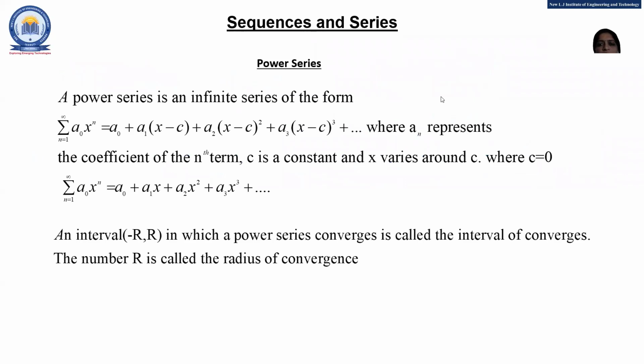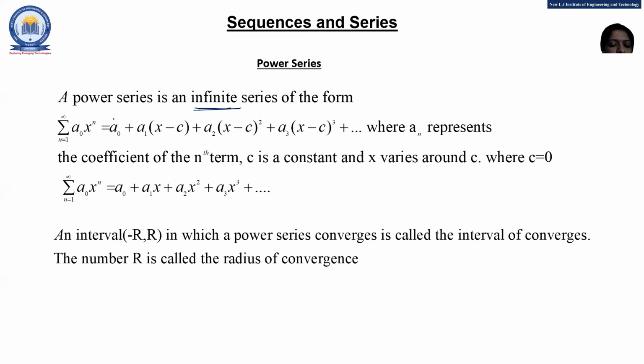Okay, let's move to the next topic, that is power series. A power series is an infinite series of the form summation n from 0 to infinity of an times (x minus c) raised to n.